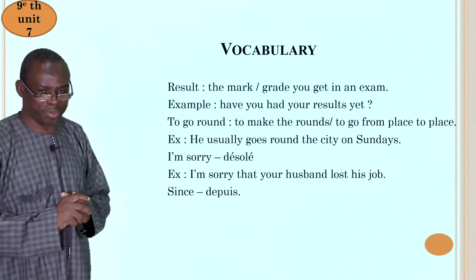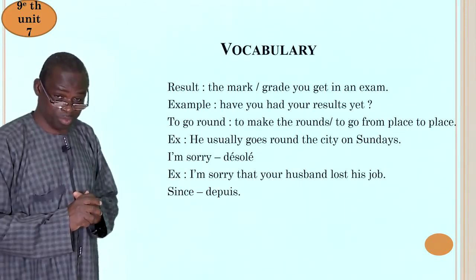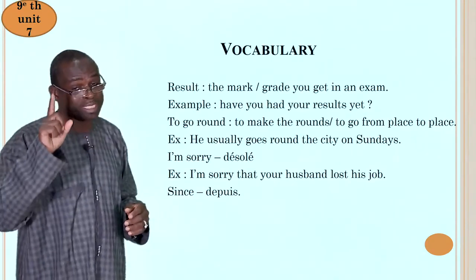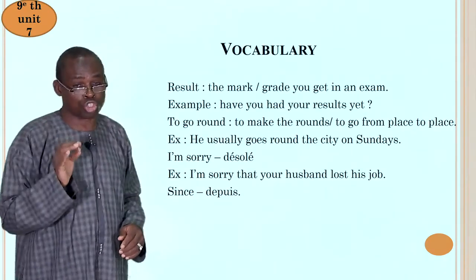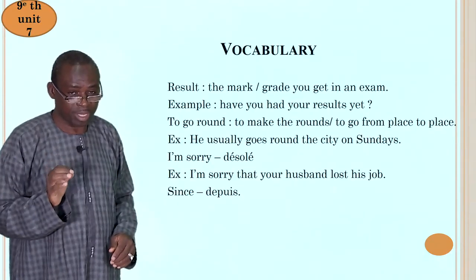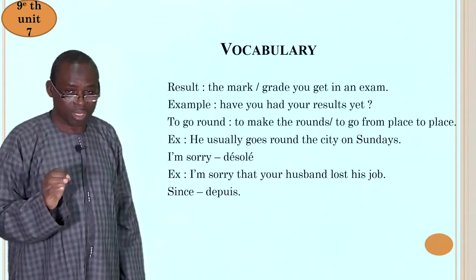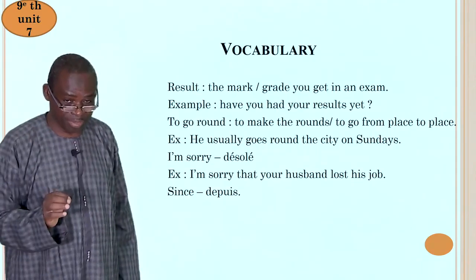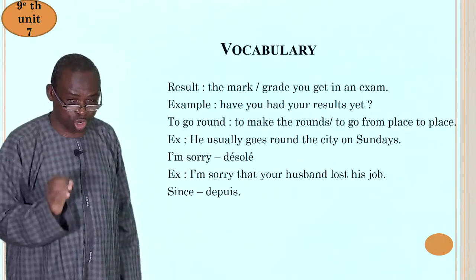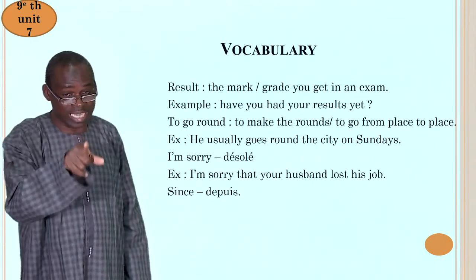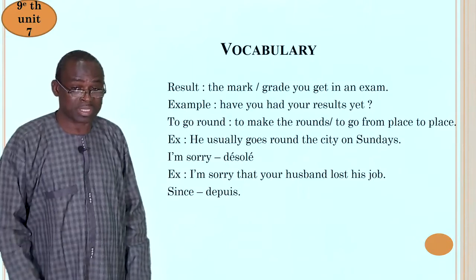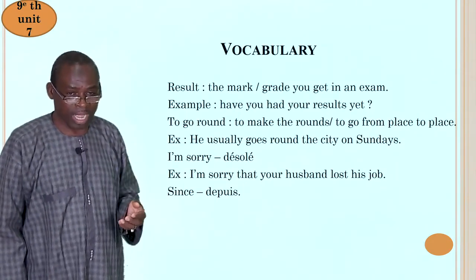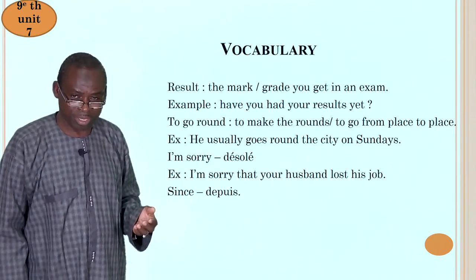I'm sorry. The second word, there are some people who say, "I am sorry." It is not so, it is "I'm sorry." Sorry. Sorry. Okay? I'm sorry. It is not "I am" here, but "I'm" sorry.